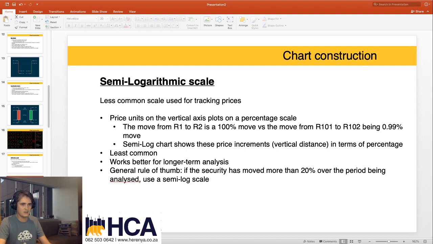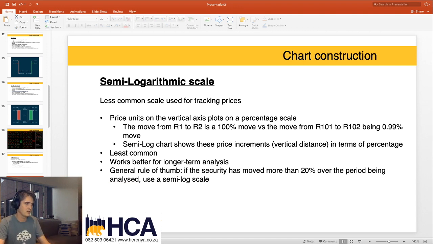And basically now over time, as you can see, when the stock price moves from 16 Rand to 18 Rand, it's the same as the move from 18 Rand to 20 Rand 50, which is then the same size to 23 Rand 50, then to 26 Rand 50, then to 29 Rand 50. So the moves in price terms are getting bigger, but in percentage terms are staying the same.